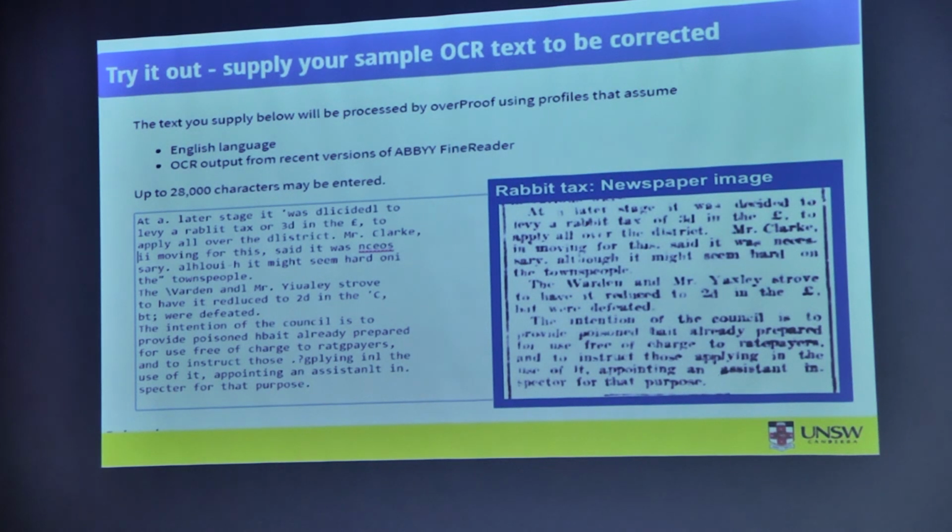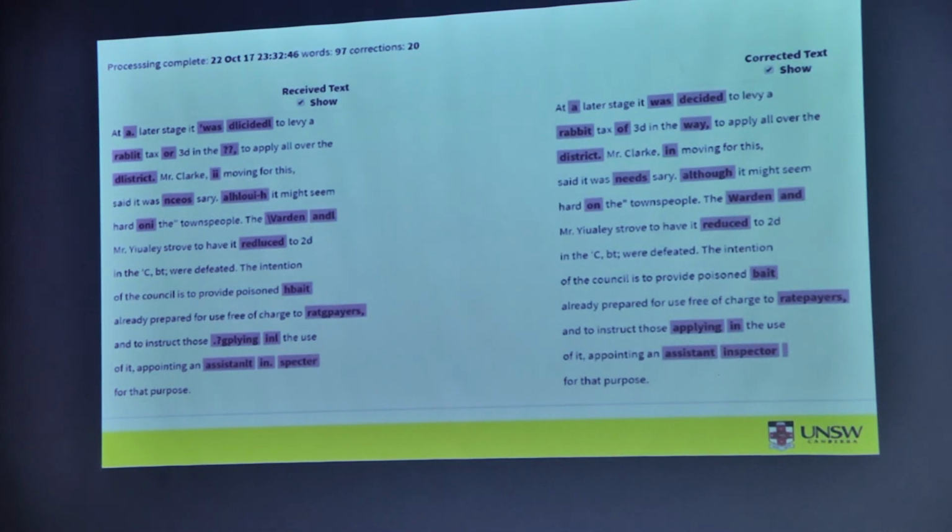You can see on the right the original poor quality of the article on rabbit text. After hitting correct, instantly the text is corrected and the words changed are highlighted. You can see the obvious improvement. This is quite a radical breakthrough for us.